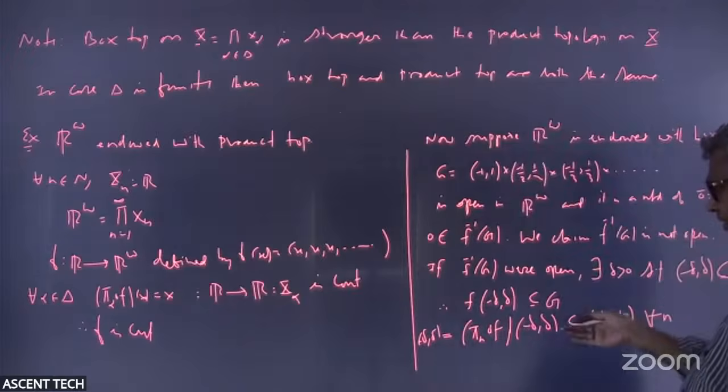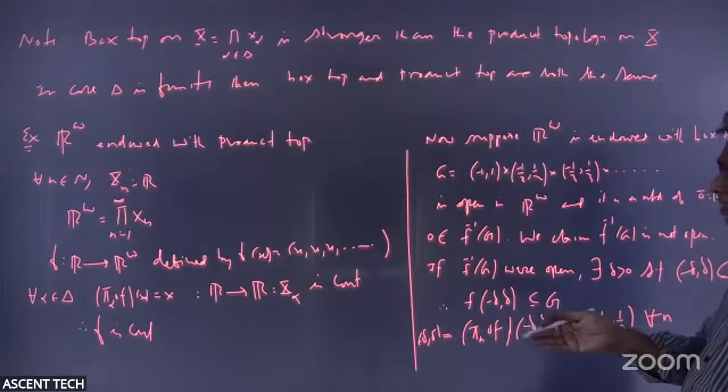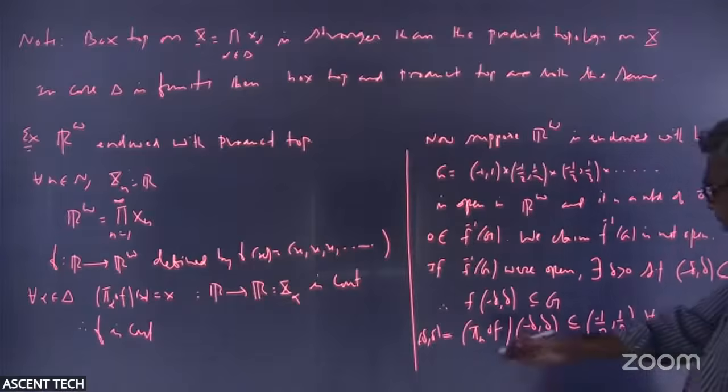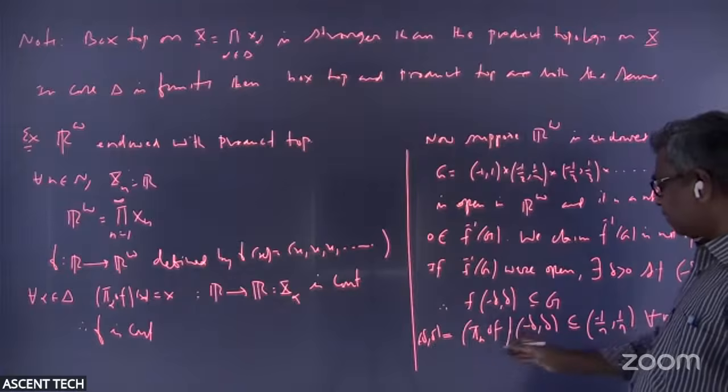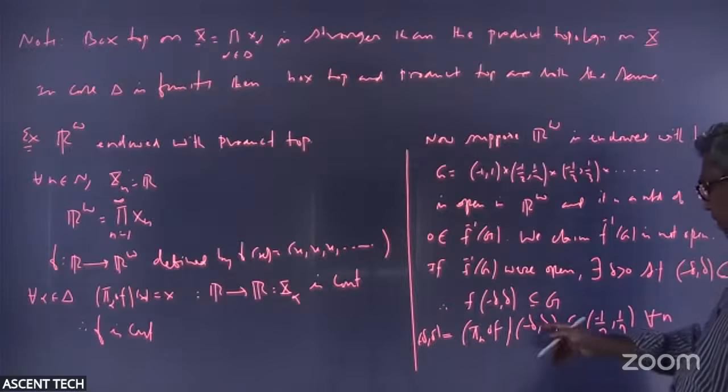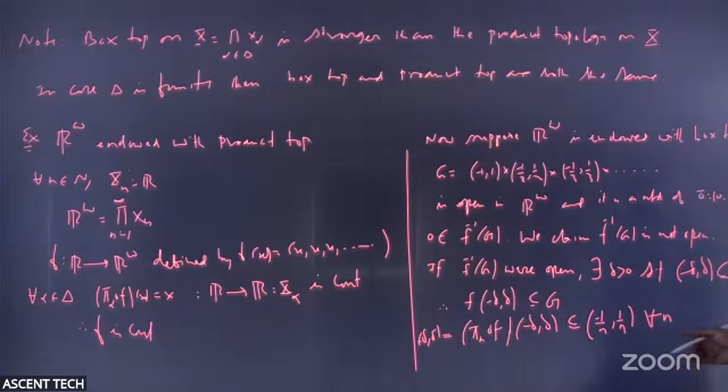F is only taking x to x. Every element x is going to x, right? So whatever component is given, that is what is coming out. Given (-delta, delta), we get (-delta, delta). I can't have this for all n. It is not possible, because the intervals become totally small, and how can that be contained inside? This is impossible.